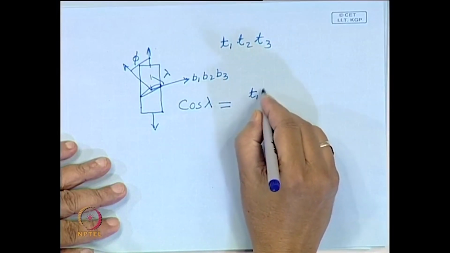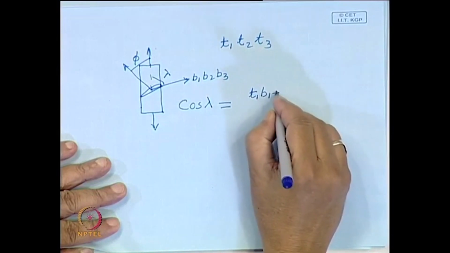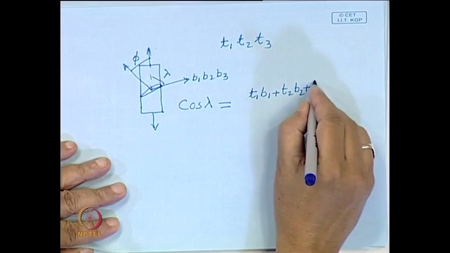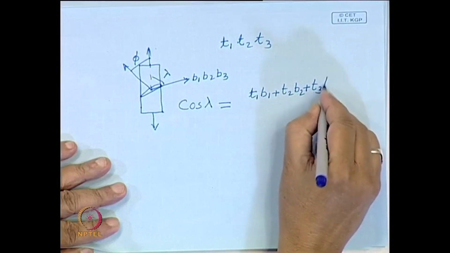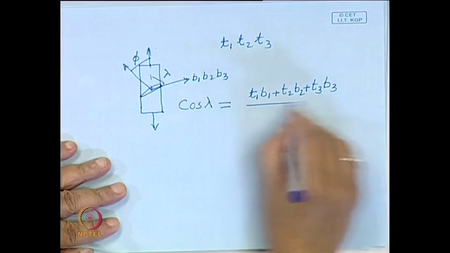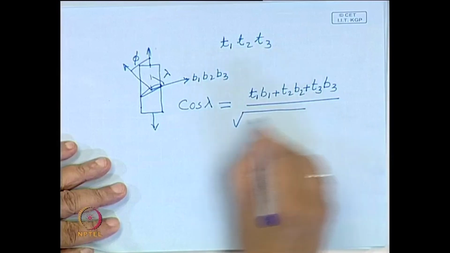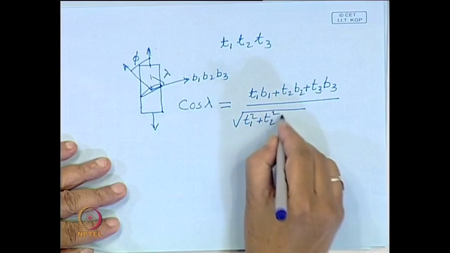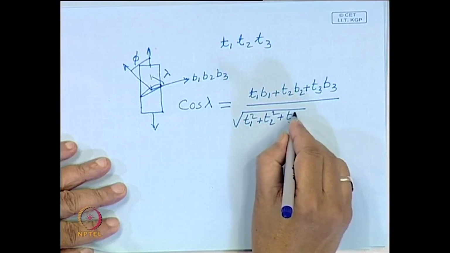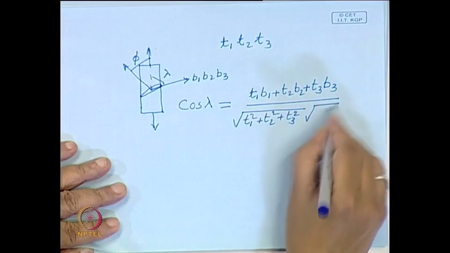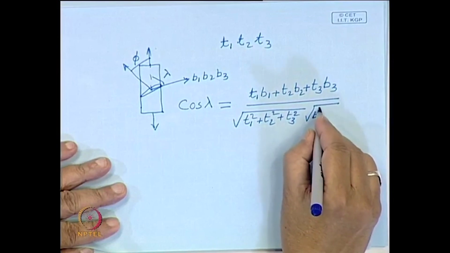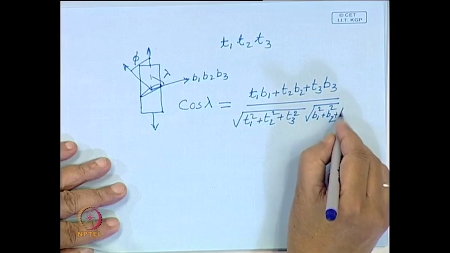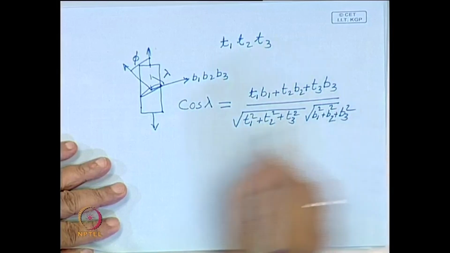So, this will be T1 B1 plus T2 B2 plus T3 B3, divided by root over T1 square plus T2 square plus T3 square, similarly B1 square plus B2 square plus B3 square.